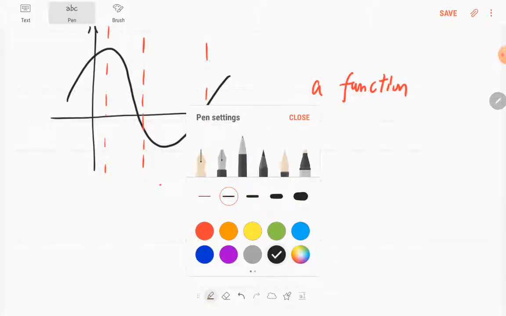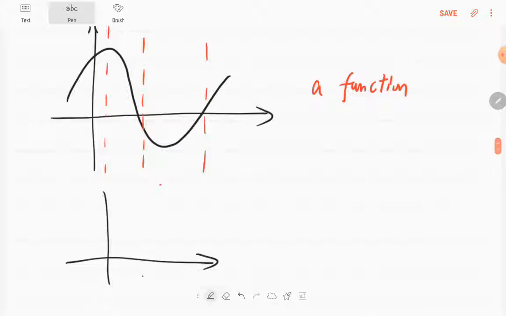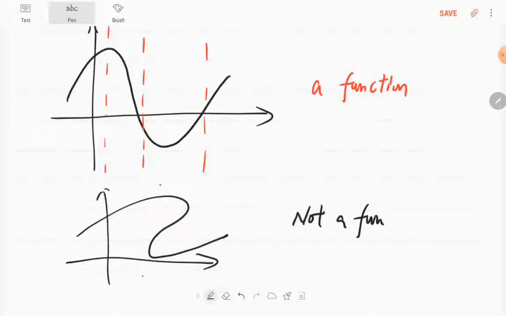But if you have this curve, this is not a function. The reason is, if you draw a vertical line here, there are 3 intersection points. So it means one x value corresponds to 3 y values, right? So this is not a function.